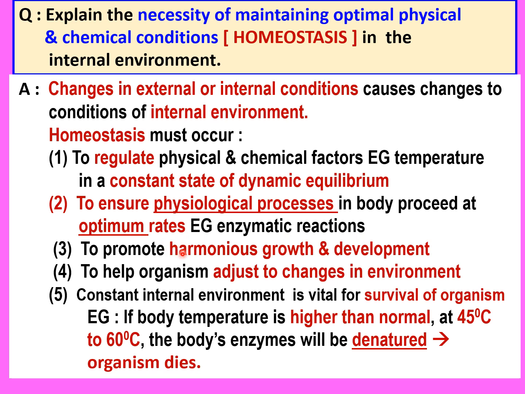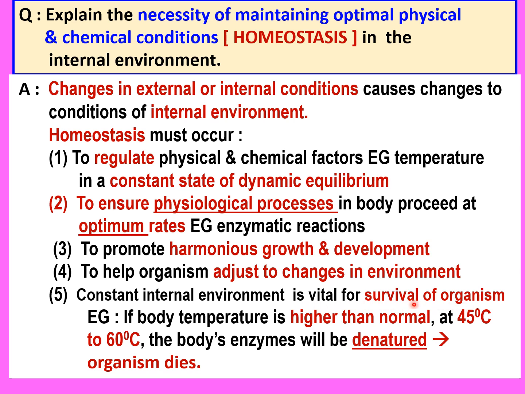So it's to promote harmonious growth and development. And in this way, it will also help the organism to adjust to changes in the environment, such as a sudden increase in temperature. The room where you're sitting in may become hotter. So you have to adjust to the change by sweating to cool yourself down. Correct?